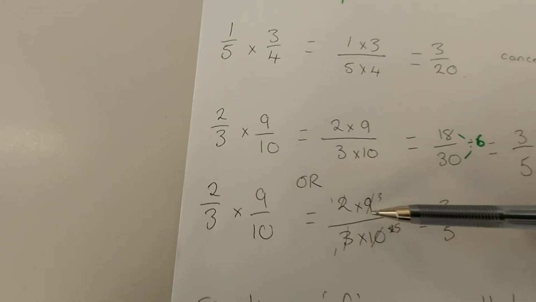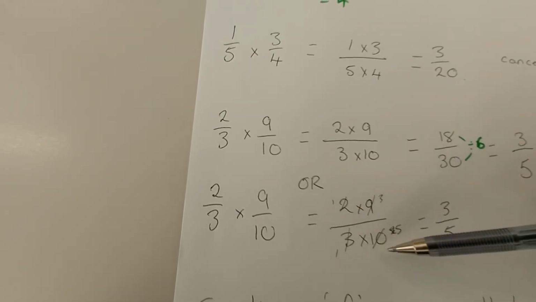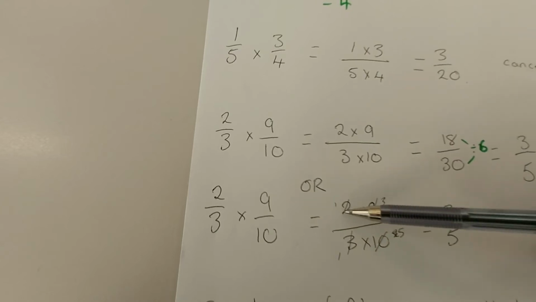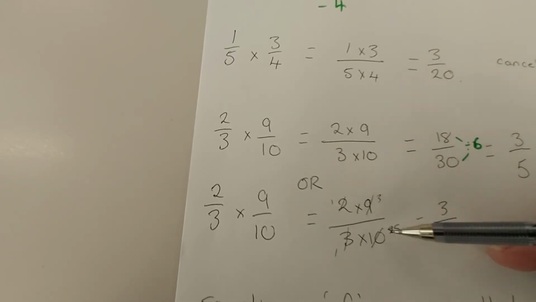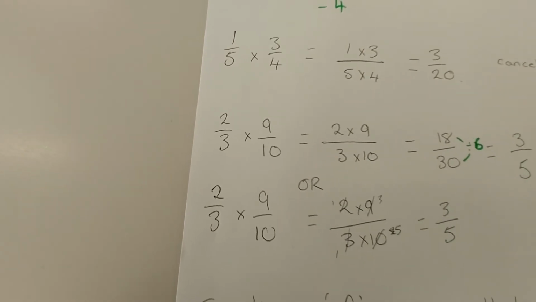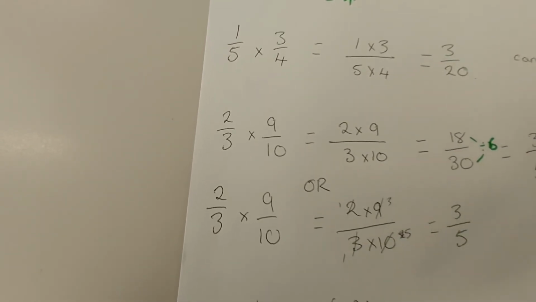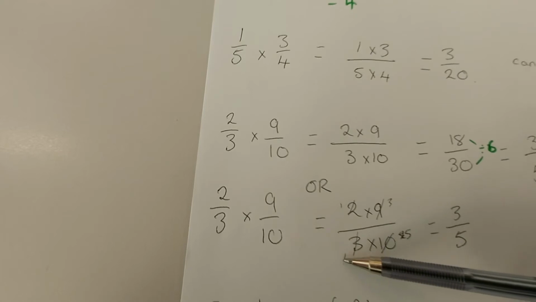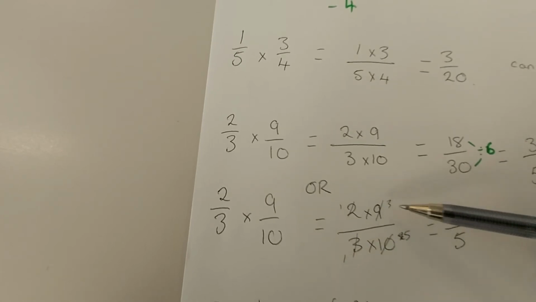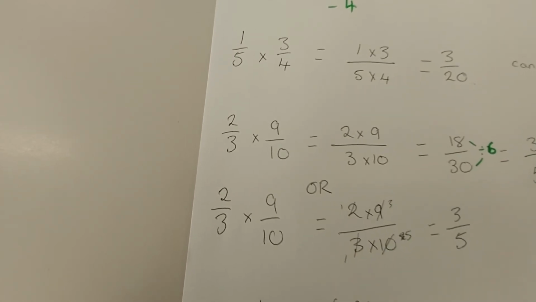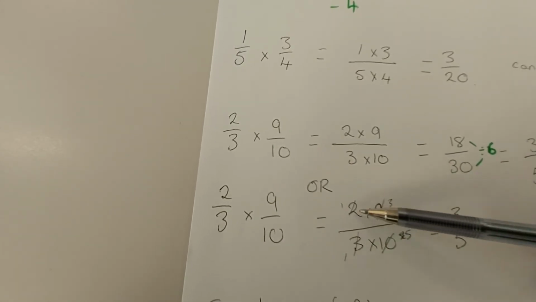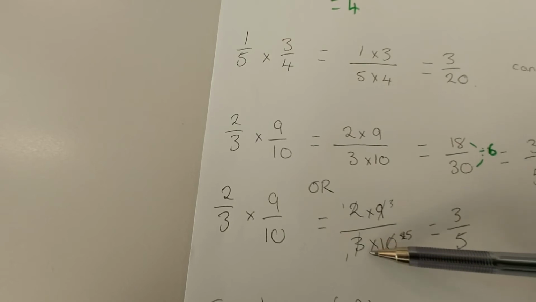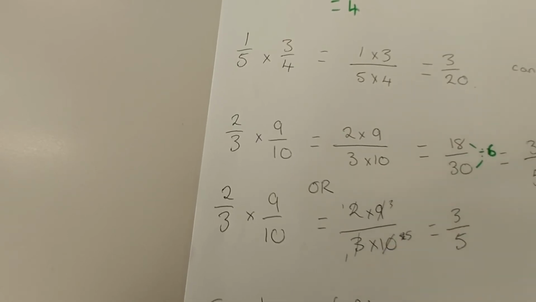So what I did here was there's a 2 at the top and a 10 at the bottom. 2 goes into itself 1 time, and 2 goes into 10 5 times. And a 3 and a 9. 3 goes into itself 1 time, and it goes into 9 3 times. So I've just cancelled them down. I can't cancel down these two numbers together. It has to be one from the bottom and one from the top.